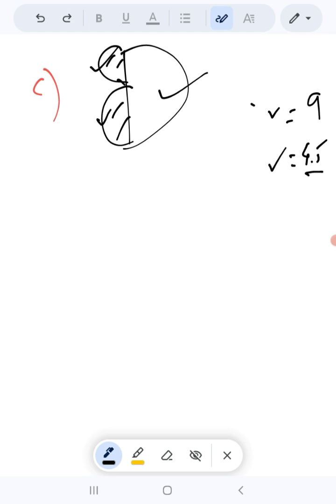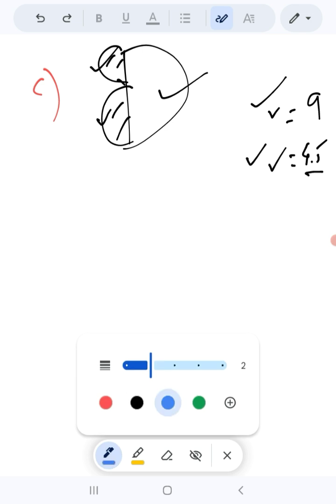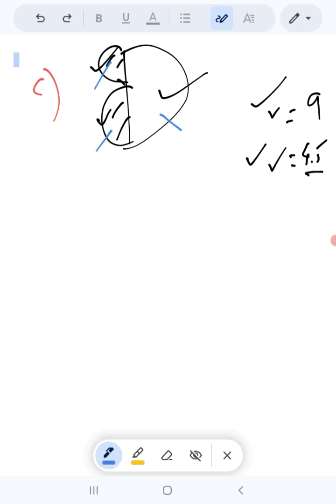You need to remember, for the bigger semicircle the radius was 9, for the smaller one 4.5. Now for your outer boundaries, which lines do you need? This line as well as this line, right? So the formula for the first one is going to be 2 pi r for your semicircles, because I considered it as one circle.